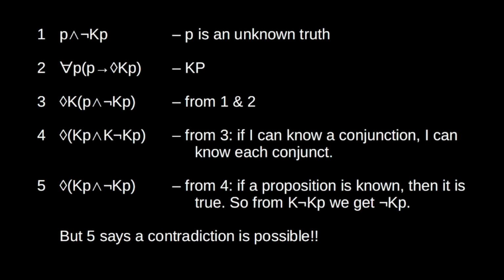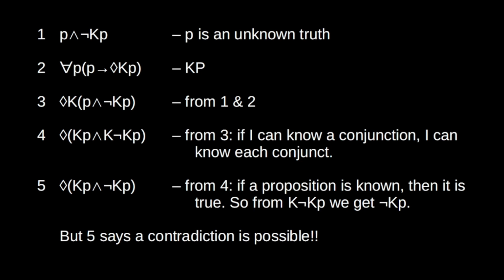Now take the principle KP, the knowability principle. For all propositions, if the proposition is true, then it is possible to know that the proposition is true. And apply this to line 1. It is possible that it is known that P and that it is not known that P. So we're just applying the knowability principle there to line 1.